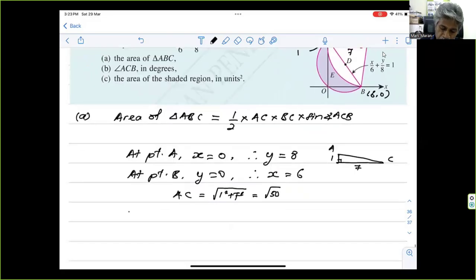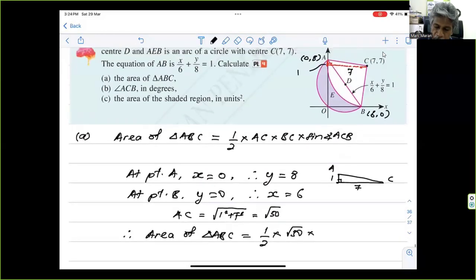So the area of triangle ABC will be equal to half times AC. AC will be square root of 50. What about BC?